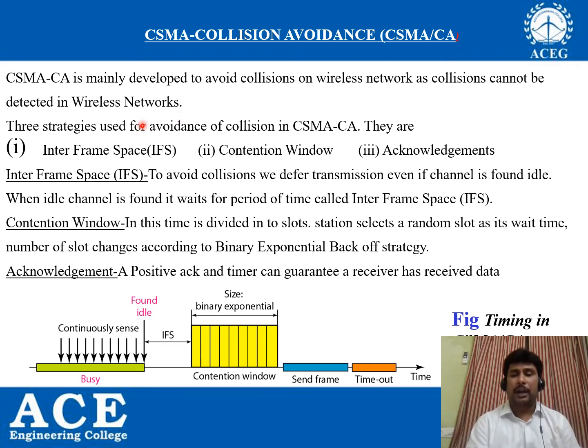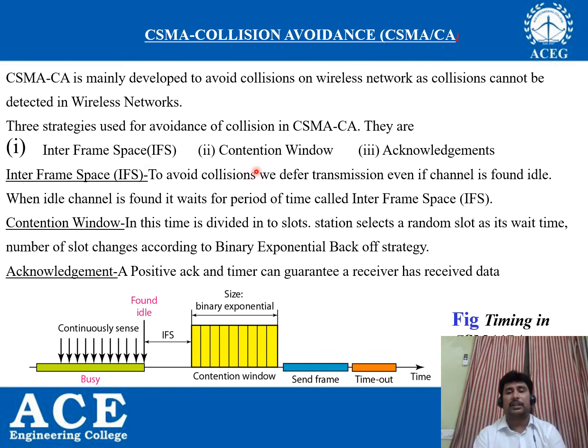Now, to handle the collisions in wireless networks, we implement carrier sense multiple access collision avoidance, and for this three strategies are adopted. The first one is called interframe space, the second one is called contention window, and the third one is called acknowledgement. Now what do you mean by interframe space?